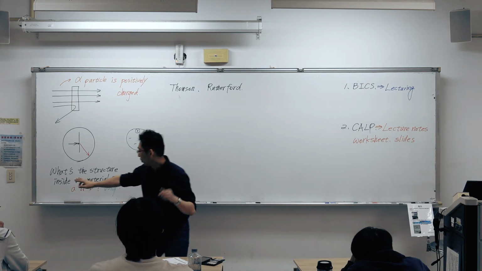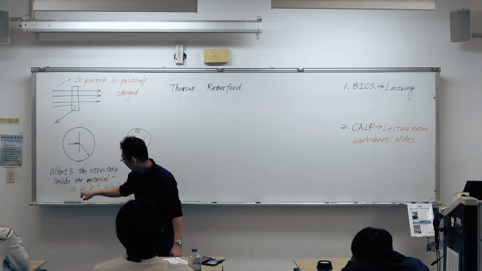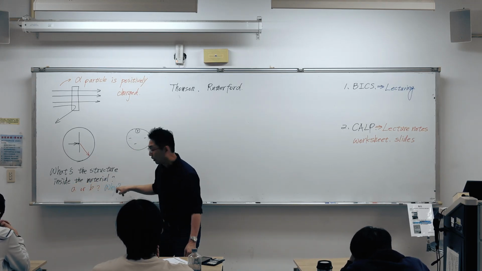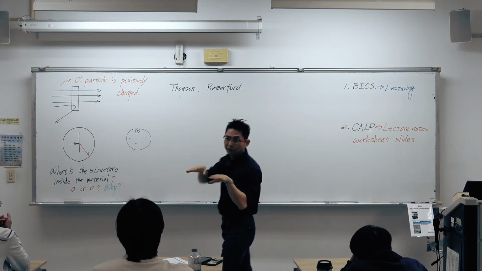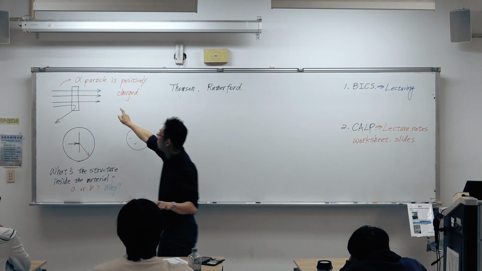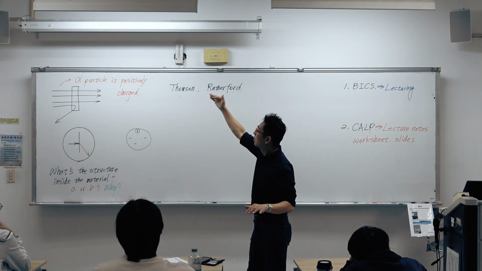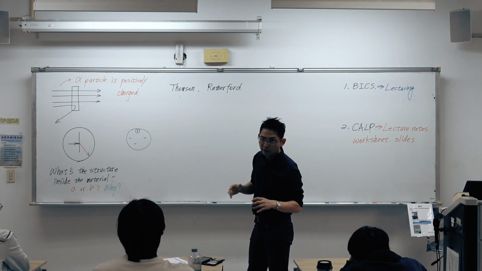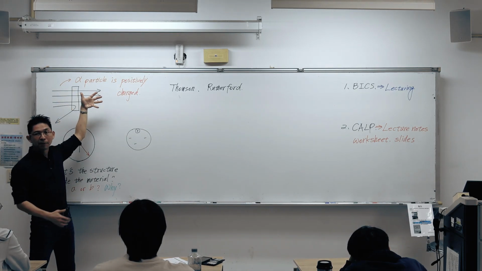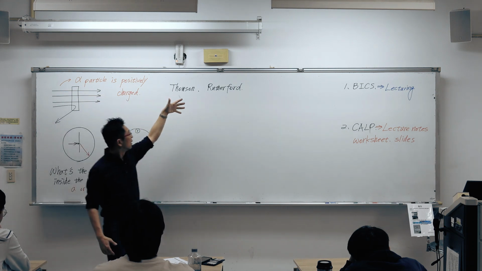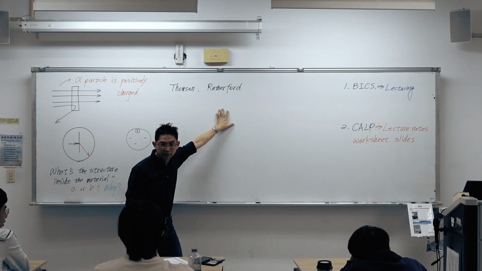So your way is, what's the structure inside the material, A or B? Then we provide those two different kinds of model for students. So please try to predict, when an alpha particle, positively charged, goes through the material, what would happen for the Thomson model and also the Rutherford model?